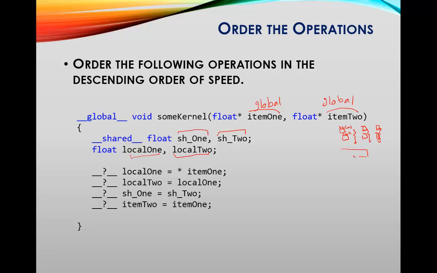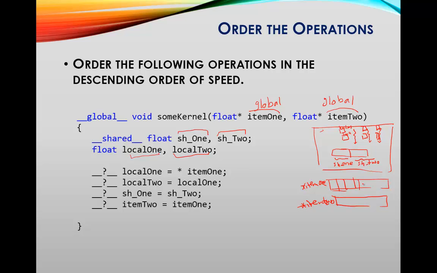All of the threads in the block will have access to sh1 and sh2. And everybody will have access to pointer item 1 and pointer item 2.